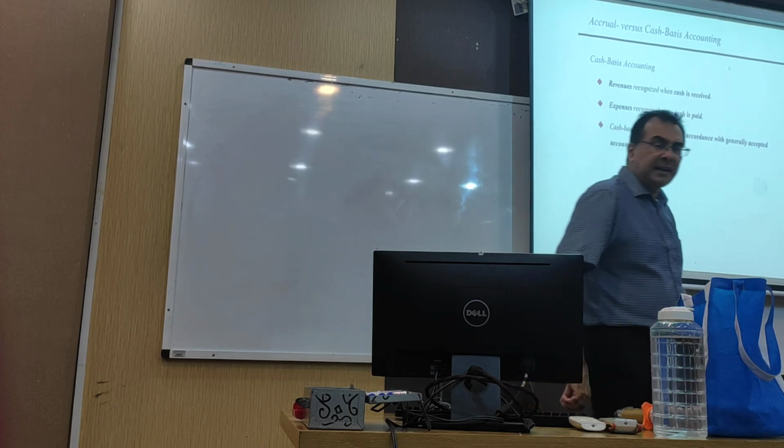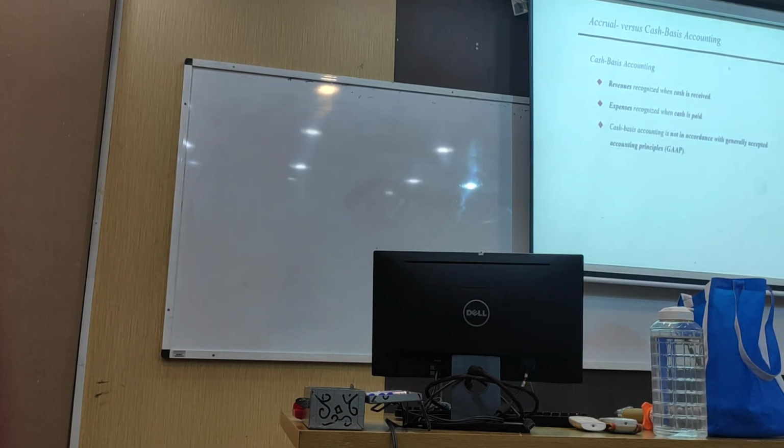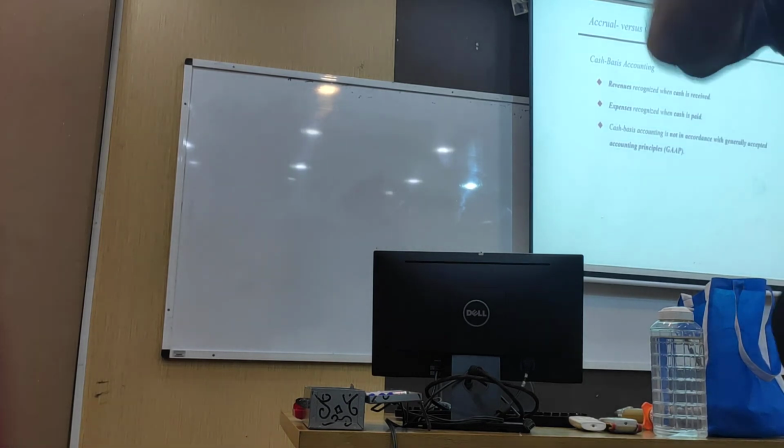Next one, under the cash basis, I already told you, we don't worry about whether income is earned or expense is incurred. We only record when received and paid. So again, when I only record when it's received and paid, I may not have the measurement of income in the correct time period. Meaning what?